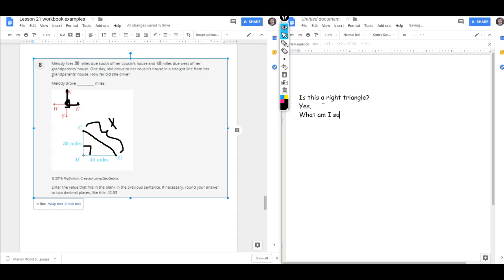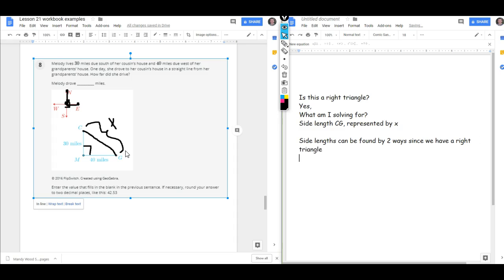The next question I'm going to ask myself is, what am I solving for? I'm solving for a side length, CG. I represented it by x. Since I'm looking for side lengths, they can be found in two ways since we have a right triangle.